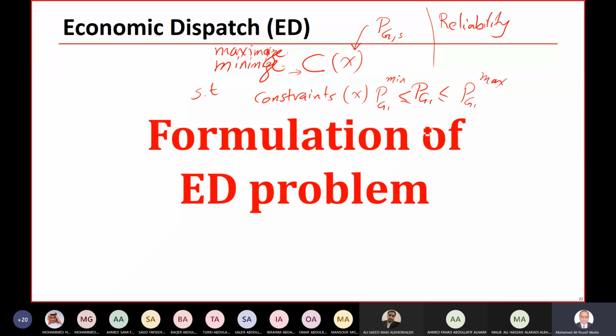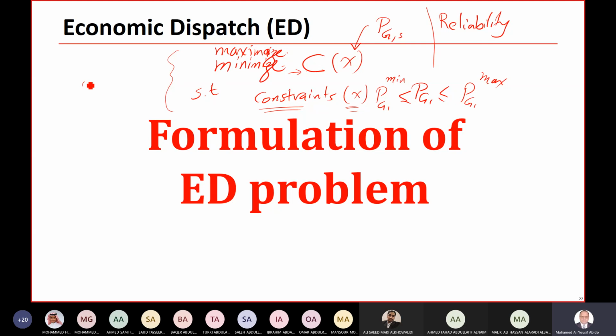So each generator has limits from 20 megawatt to 100 megawatt. Above that, you cannot go. Below this, it's better to switch off the generator. So you have a limit on PG of each generator. So this is some kind of constraint. So the constraints are also functions of X.